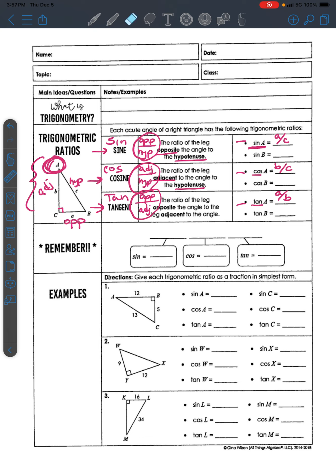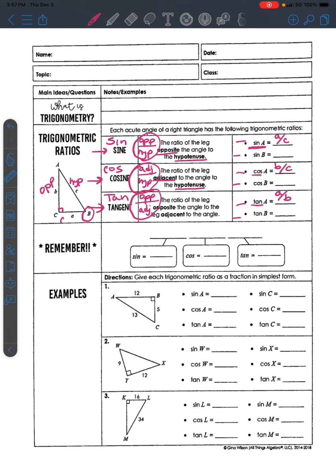Now I'm going to erase this. Remember, my hypotenuse will always be in that same spot of this triangle, so I don't have to erase a hypotenuse. But if I'm looking at these three, I'm now looking at angle B. So my opposite of angle B would be over here. That leg doesn't touch.